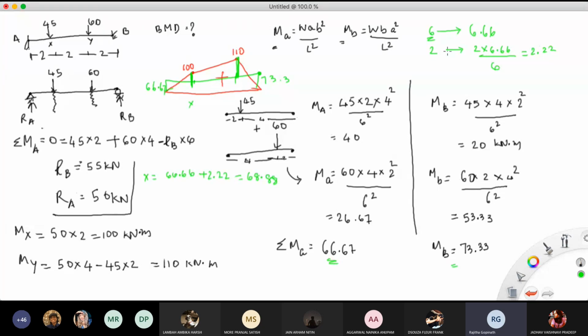So every 2 meter कितना increase होता है? So every 2 meter के लिए 2 into 6.66 divided by 6, that gives me 2.22. ठीक है? Okay. So every 2 meters 2.22 increase होगा. तो अभी यहाँ पे 66.67 है, तो 2 meters हम आए तो वो 66.67 पे 2.22 ऐड करना है, which becomes 68.88.